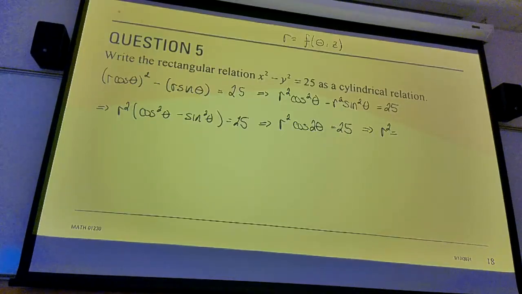Because it could be 0, right? No, he's right, you divide by cosine. Secant! We don't like fractions. Let's get rid of it.